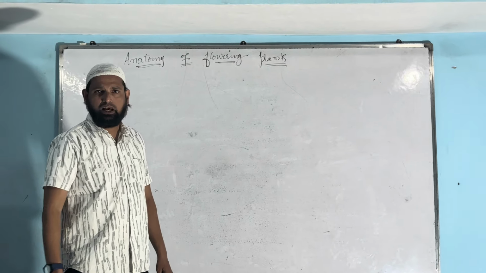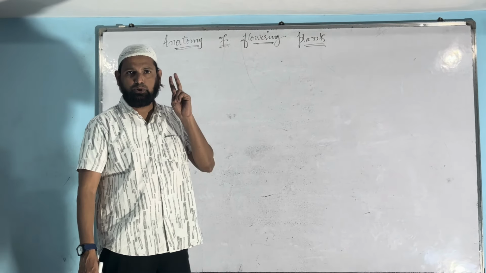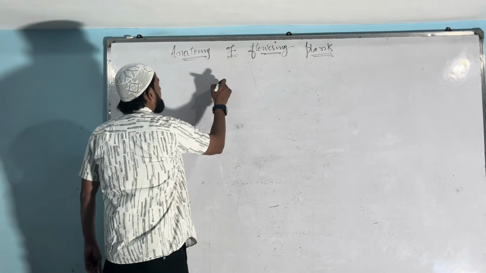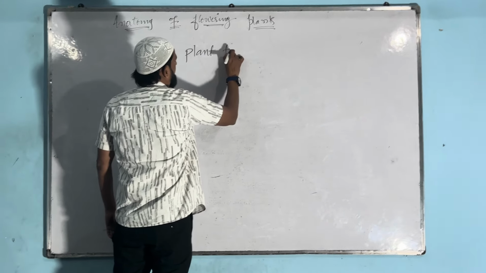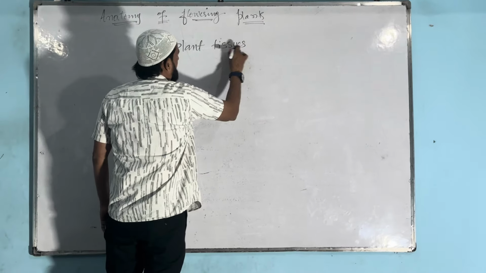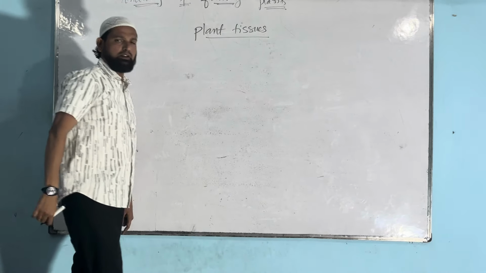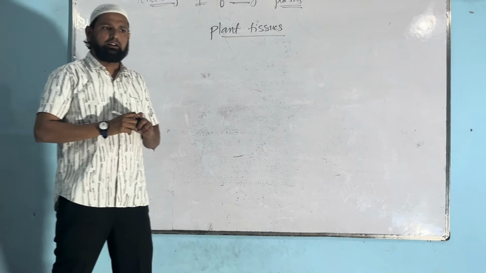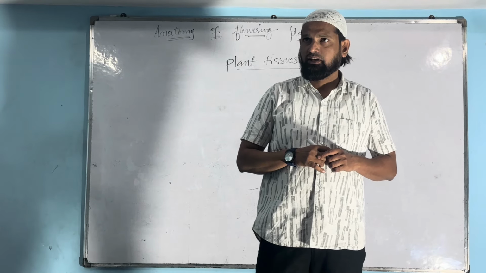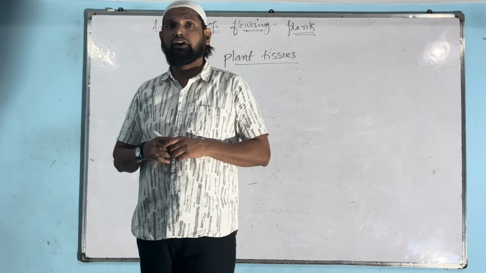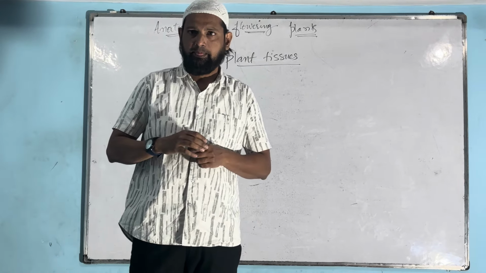The plant tissues are broadly classified into two types. Based on which specific character are the plant tissues classified into two types?